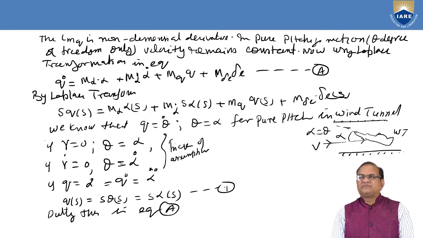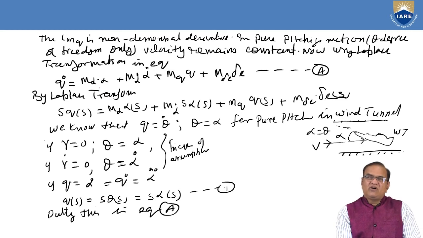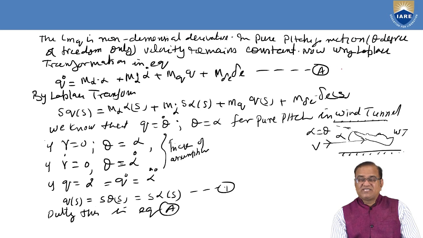In pure pitching motion, only the theta degree of freedom is given, and velocity remains constant. Now, using the Laplace transformation on this equation, that is q dot is equal to m alpha into alpha plus m alpha dot into alpha dot plus m q into q plus m delta E into delta E. This equation is a differential equation.